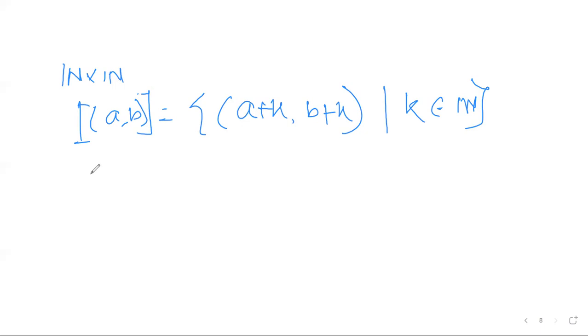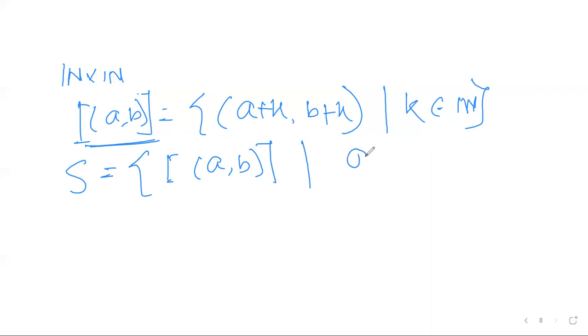Now the set S is the collection of all this type of equivalence classes, where a, b belong to the natural numbers.